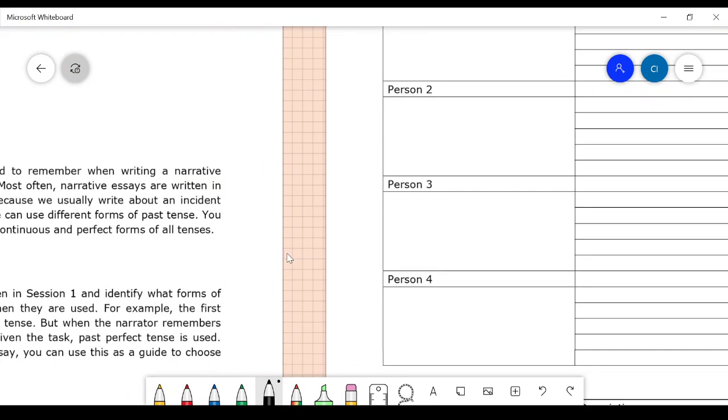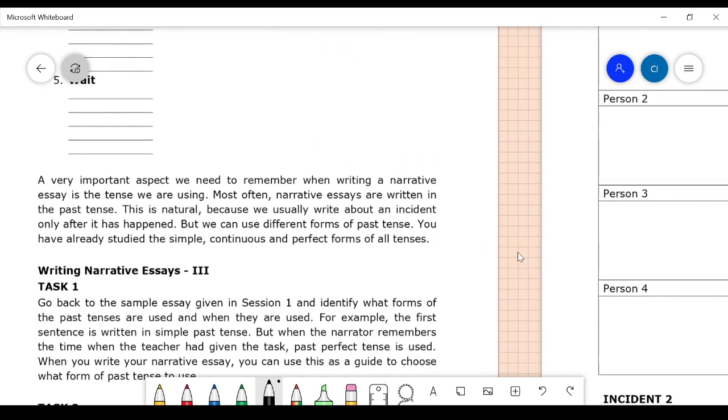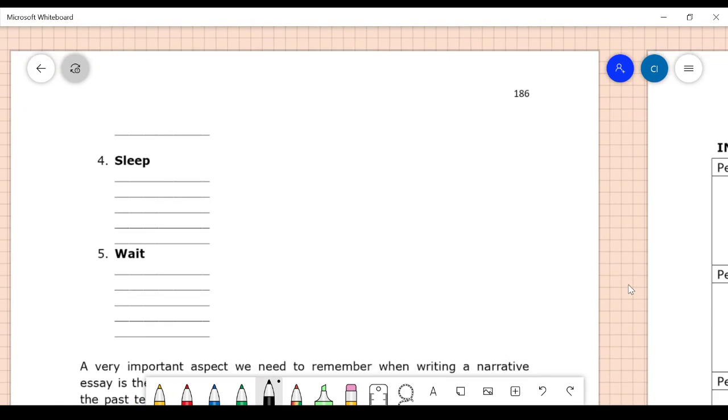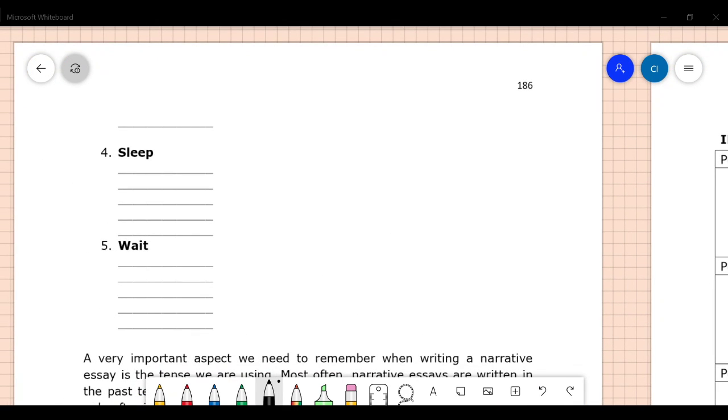So we will be finishing this chapter and go to the last unit in our syllabus according to Tiruvalluvar University. So let us see what is there for sleep. What do you call sleep?